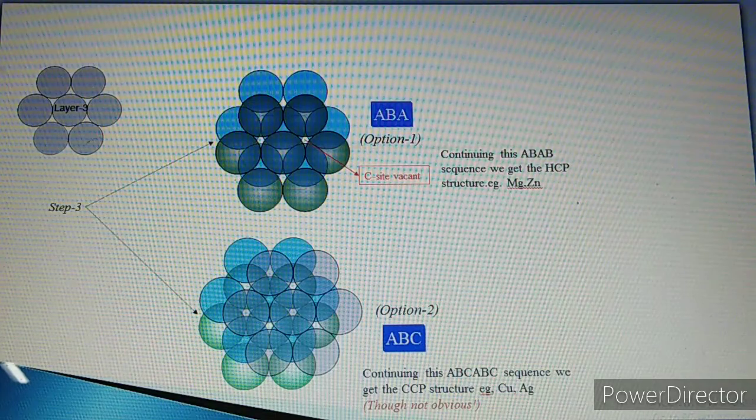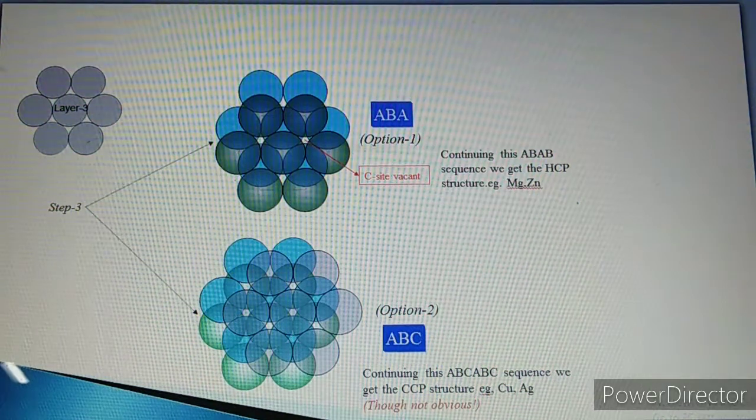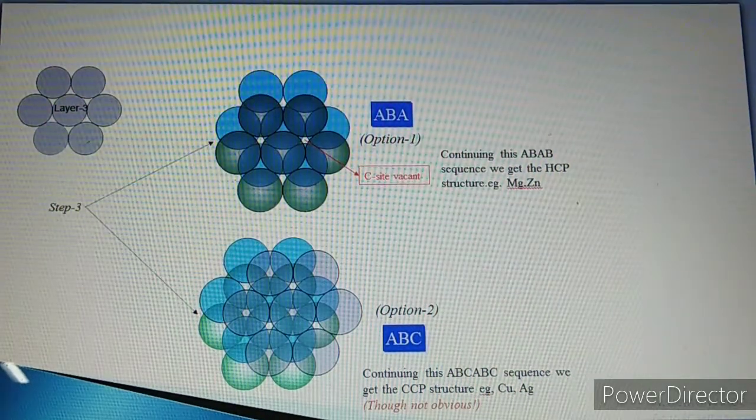Therefore, this type of arrangement is called ABAB type arrangement, and it will result in the hexagonal close packed structure, that is HCP type of structure. An example of such crystallization occurs in magnesium and zinc. So metals such as magnesium and zinc have HCP crystal structure, that is hexagonal close packed structure.